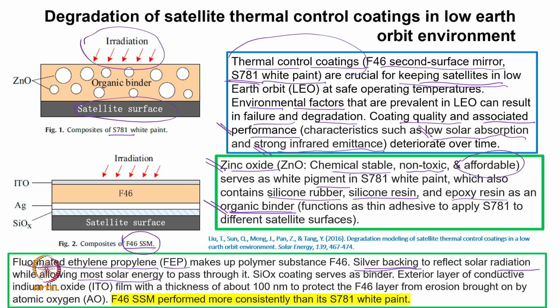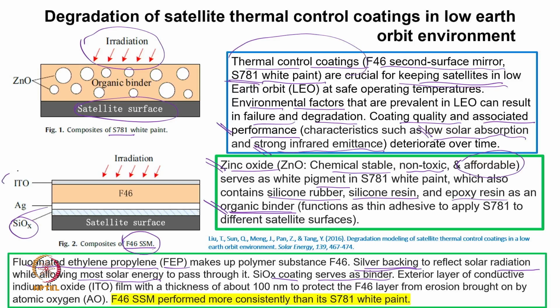So, energy is required, but we want the harmful radiation to be removed or reflected back, and that has been done. Now, in between they have used a silicon oxide as the binder coating, so that the silver gets attached completely to the surface, with minimum to almost zero air gap.